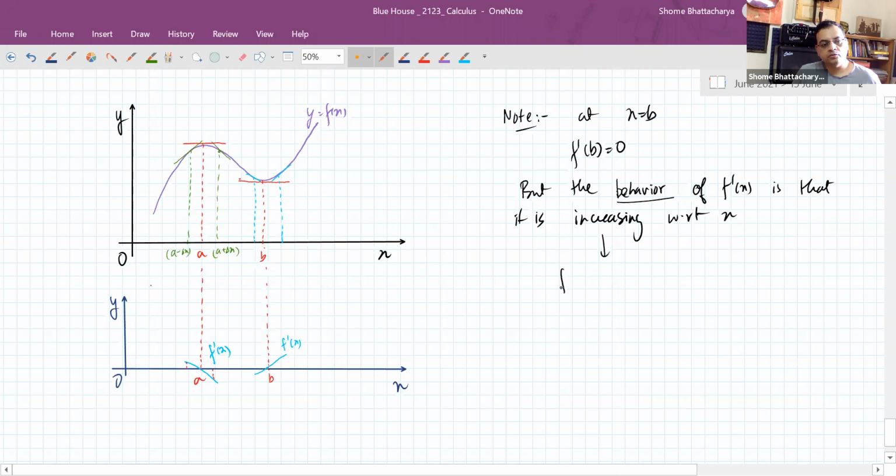And it's going from f prime x negative before b to f prime x positive after b.